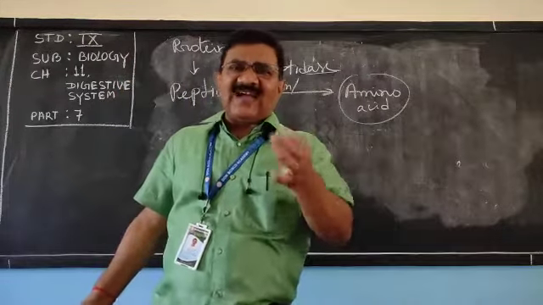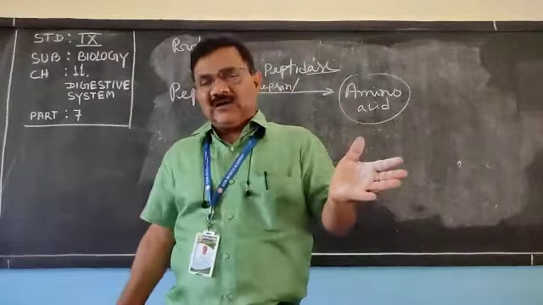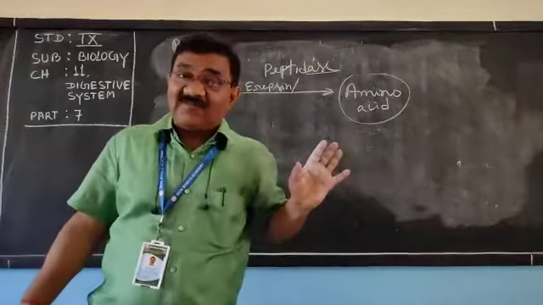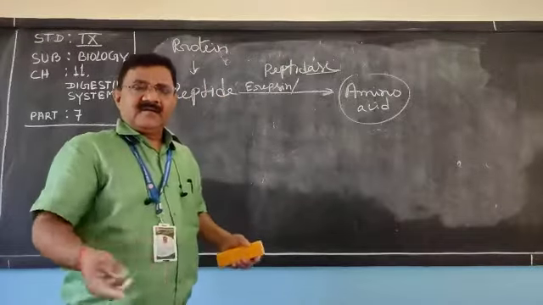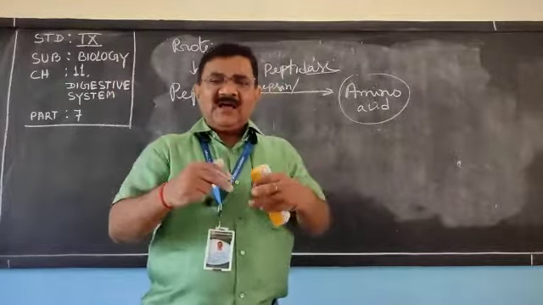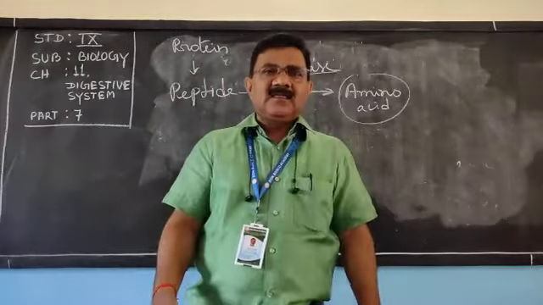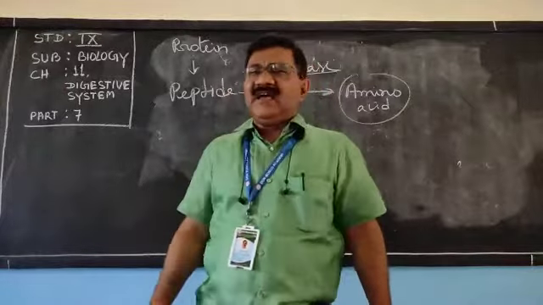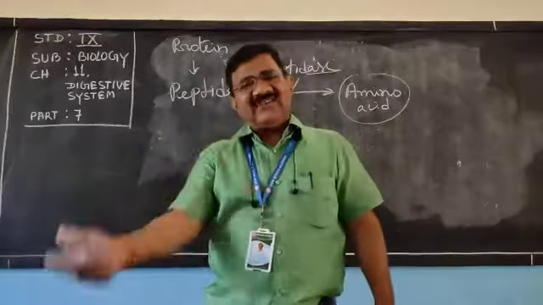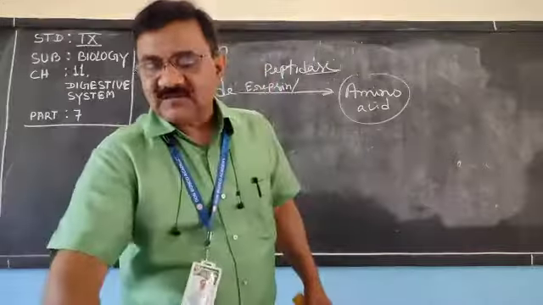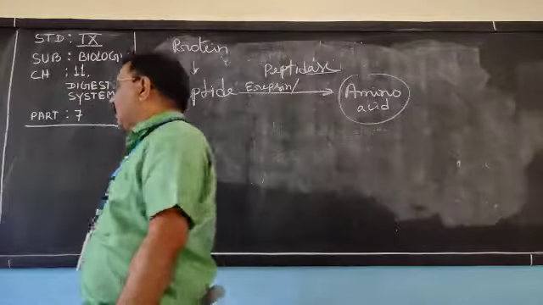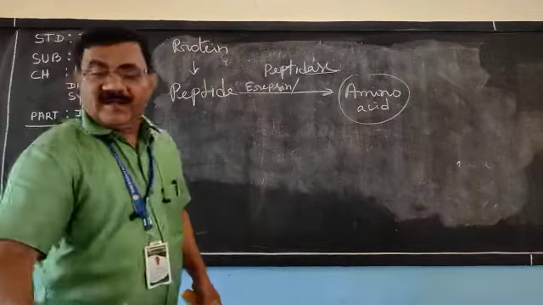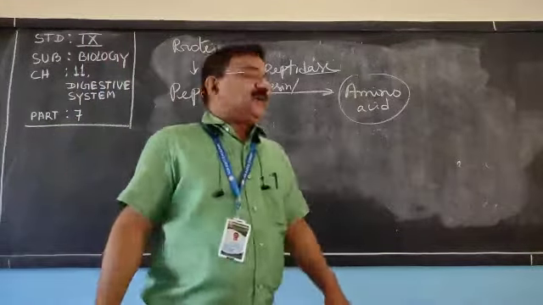We have discussed that starch is changed into maltose, a type of sugar, and maltose is not absorbed by our body. We have discussed that in the mouth the digestion of starch begins, but that is not completed, and it is completed in the small intestine, and starch is converted to maltose.